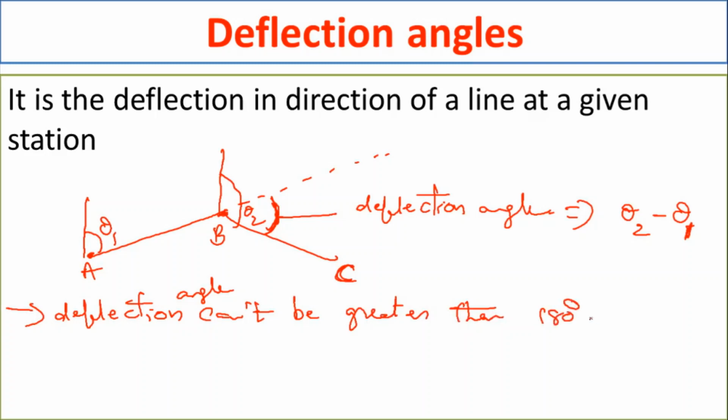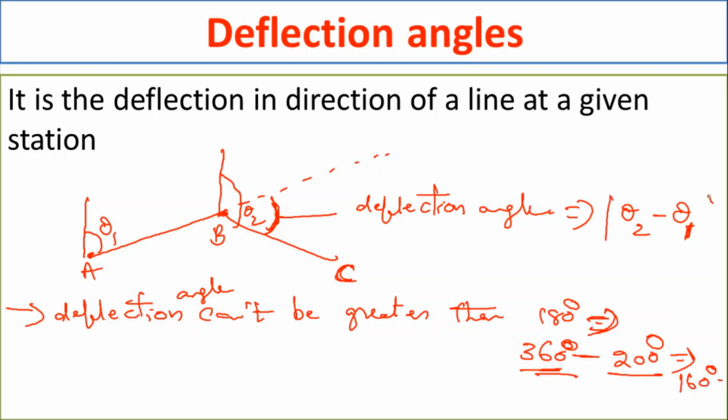Suppose by formula you got 270 degrees or 260 degrees, then you have to subtract it from 360 degrees. Suppose you got 200, then you take 360 degrees minus 200, which is equal to 160 degrees. Like that you have to determine.